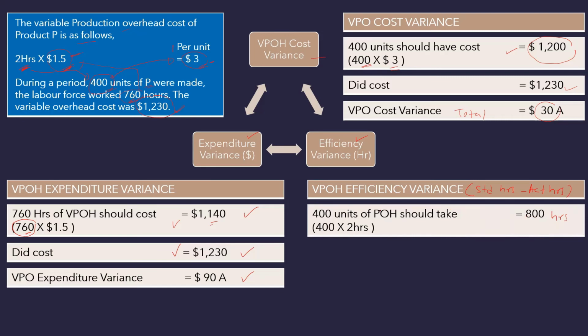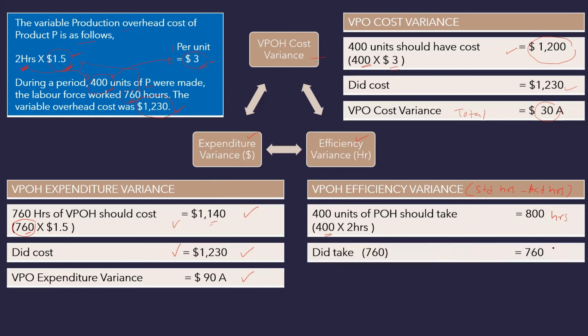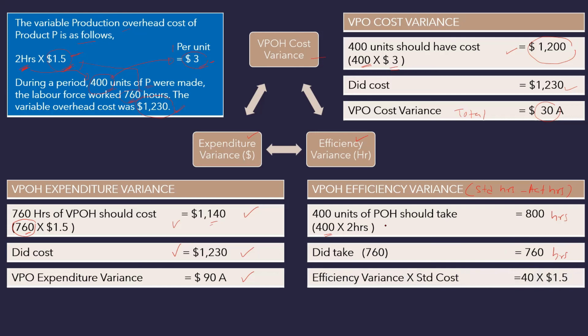However, to produce 400 units we used only 760 hours, so we have used our labor force efficiently. Therefore, we have a favorable efficiency variance of 40 hours.